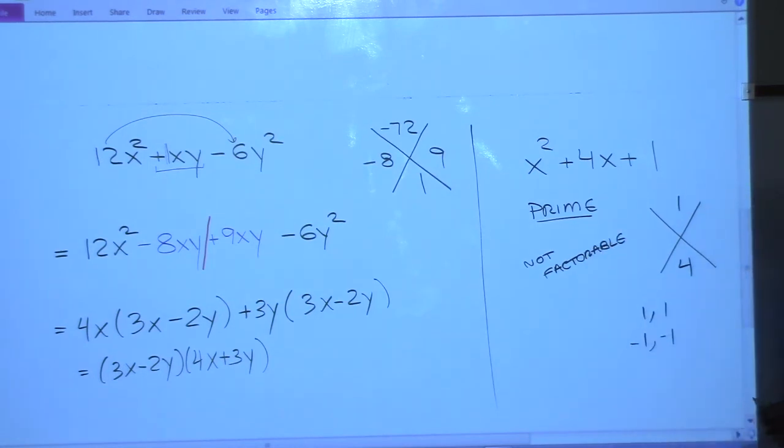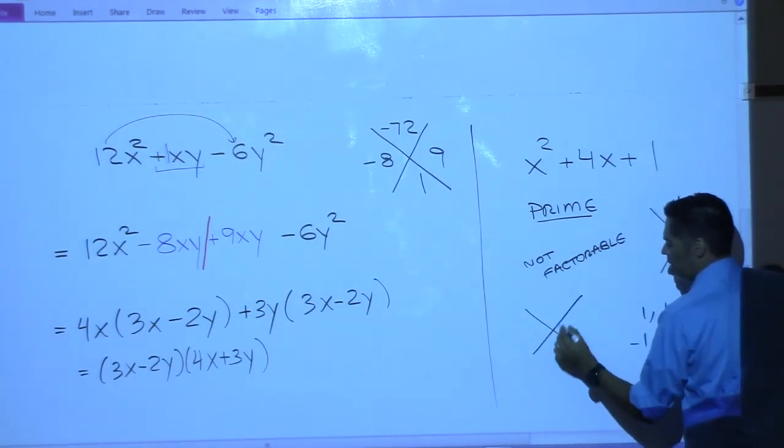So not everything factors. That's bad news because, let's say you're taking a test or a quiz and you set up a problem, and you can't come up with the numbers, like you can't figure them out, and you say prime. You'll still get it wrong. What am I trying to say? Let's look at the previous problem.